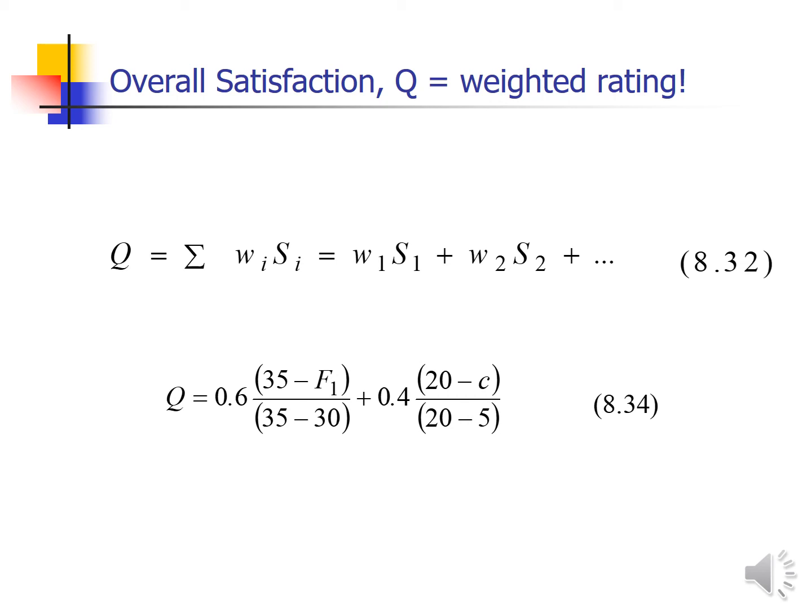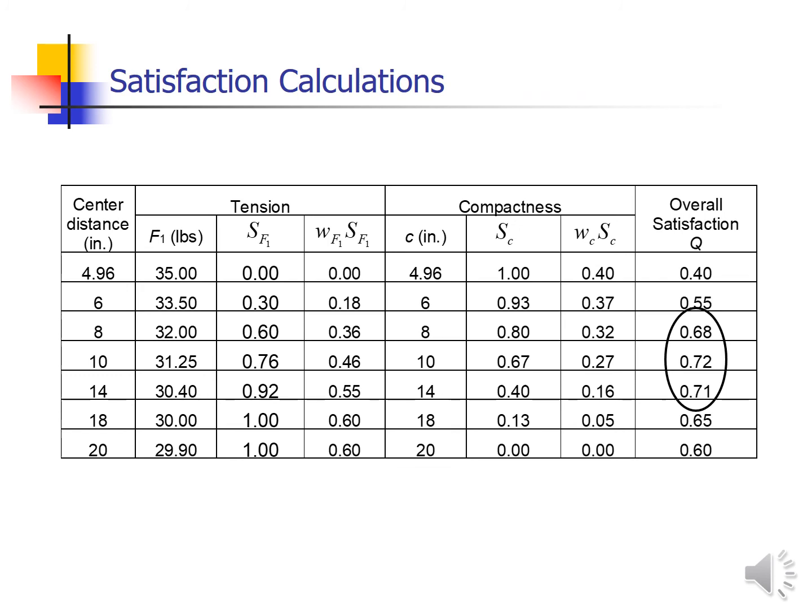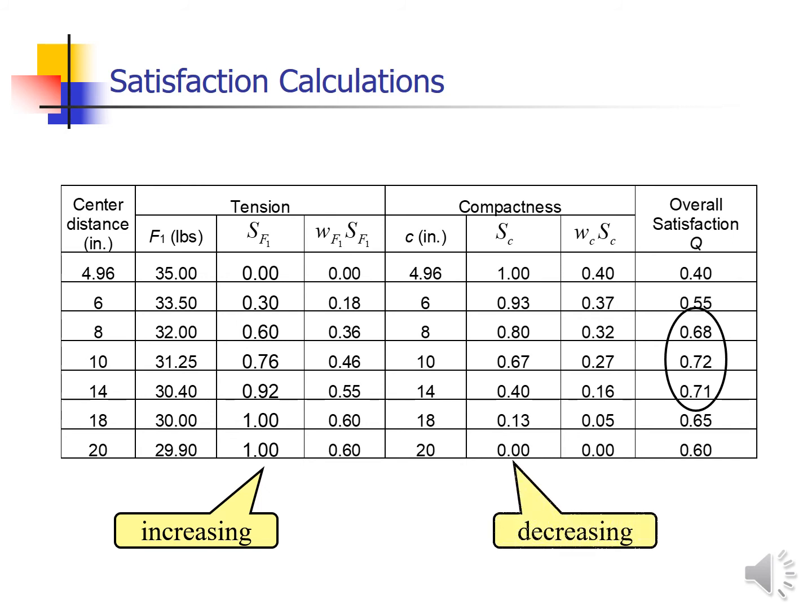Also we have the overall certification Q, using weighting rating as we used before. We use this method. We have tension and compactness. Then we use the table to study our parameter values. Here we have a parameter of about 4.96.